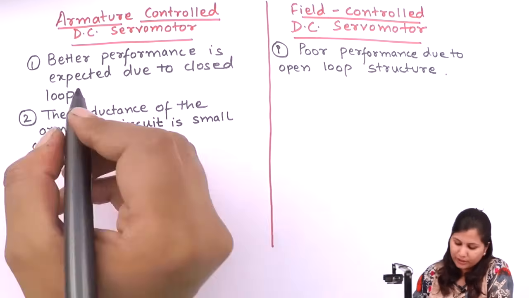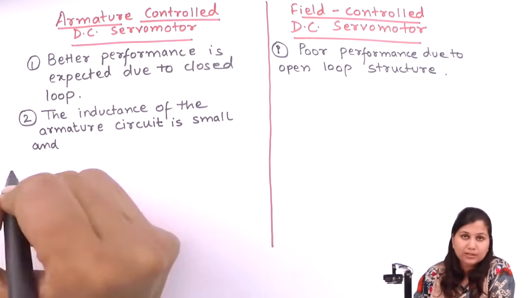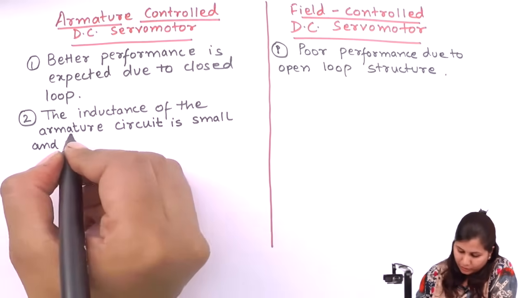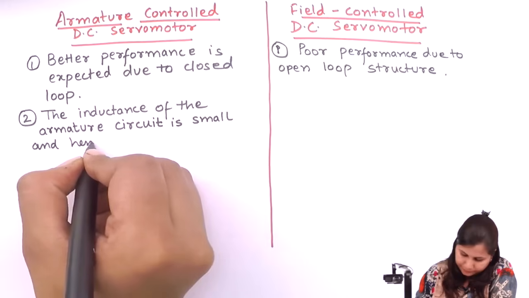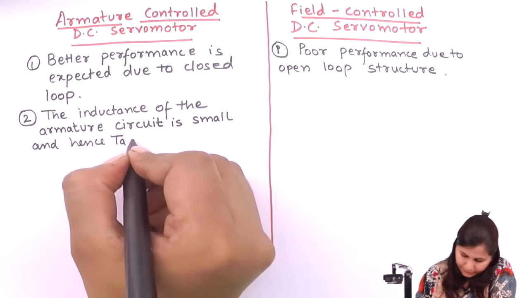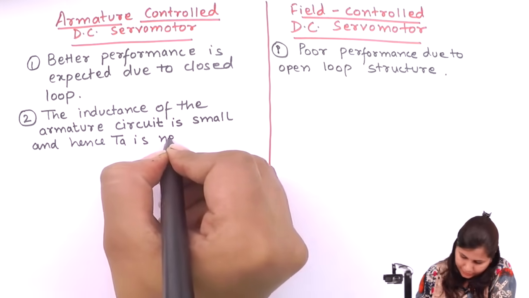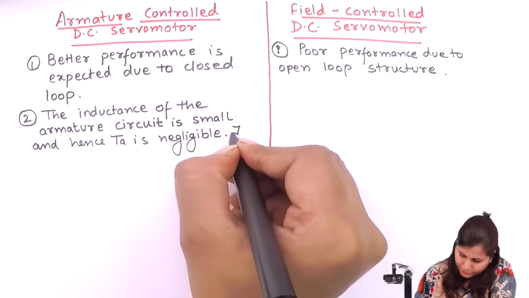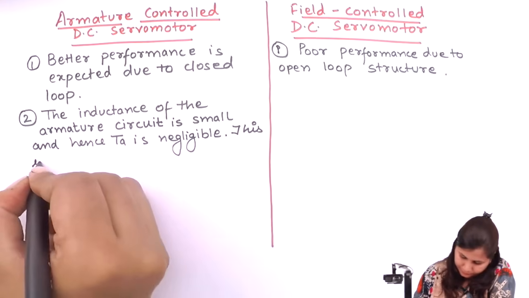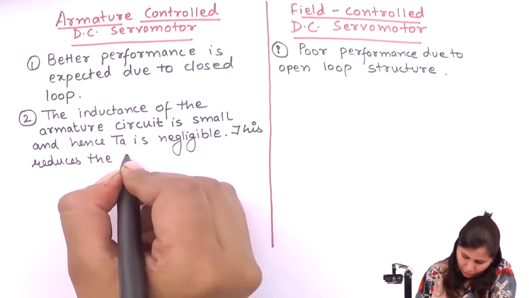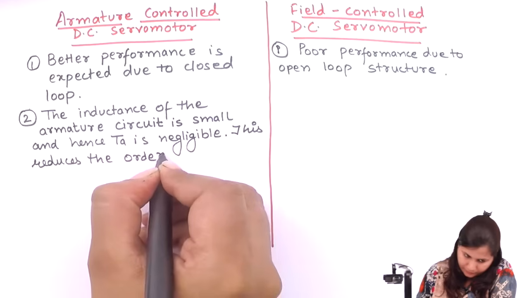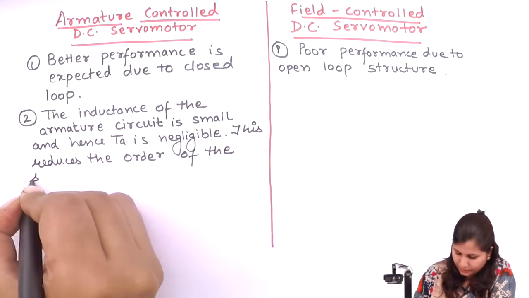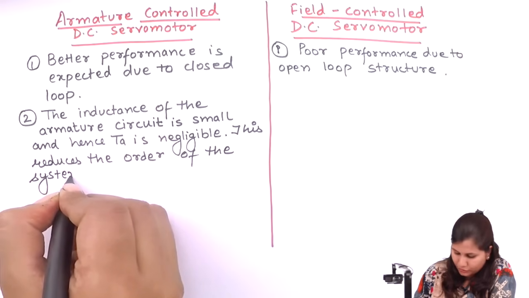Because this inductance is small, the torque which is produced is also very small, and hence TA is negligible, and this reduces the order of the system equations also.